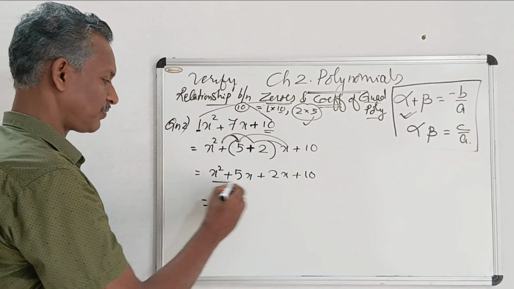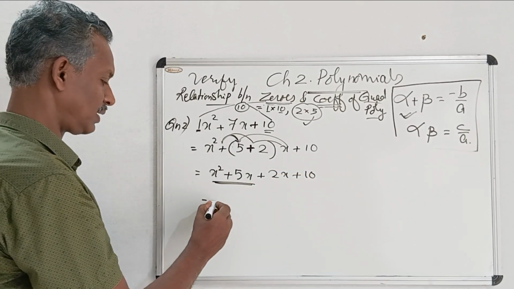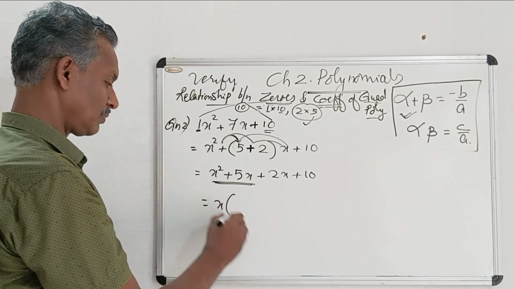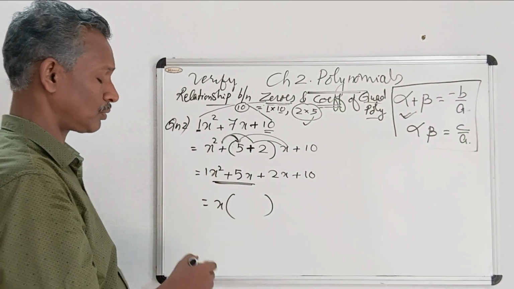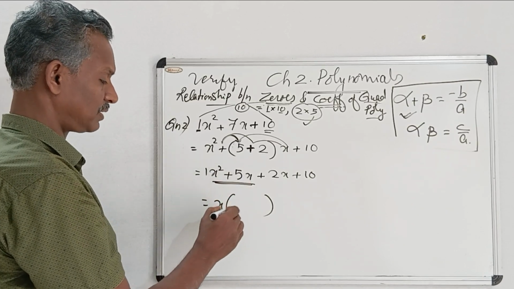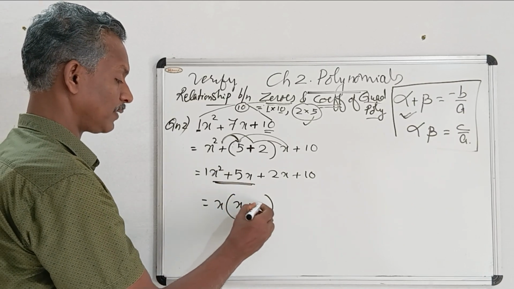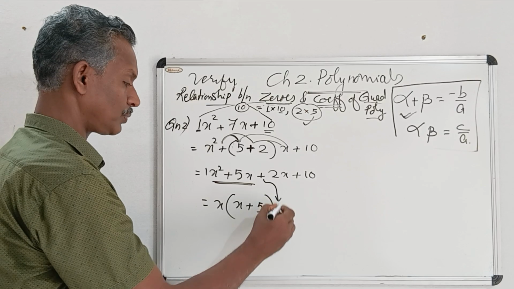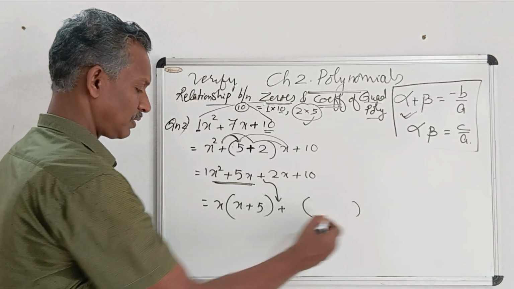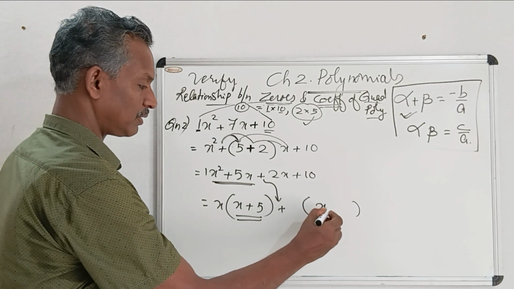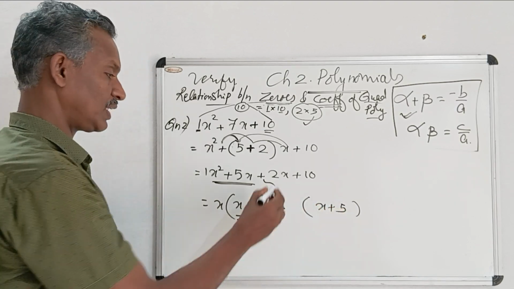Take common factor from the first two, it is x. Because the coefficient of x square is 1, nothing else is common there. And when x is taken common here, it is x plus 5. And this same sign you have to put here. And what is common? Okay, there is an easy way. This bracket you write blindly here, x plus 5. What is with x here?